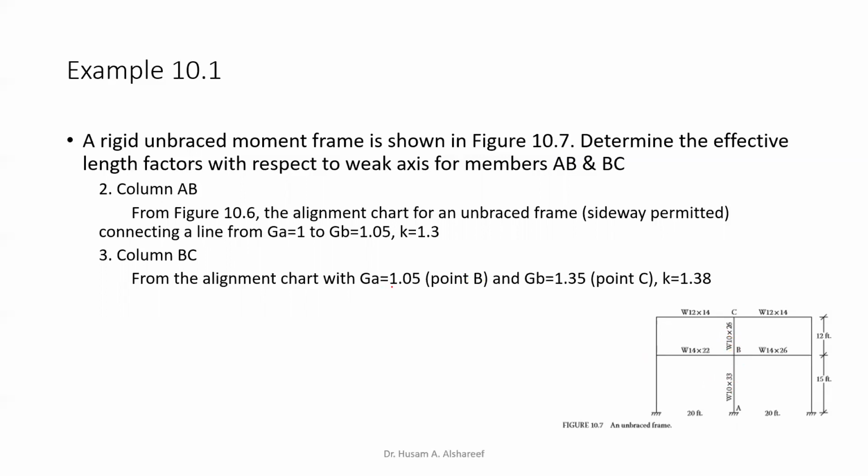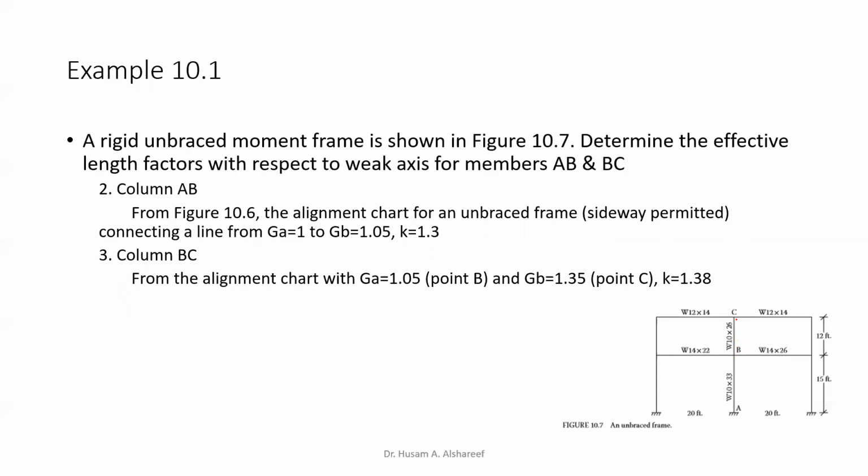Now we're going to assume that 1.05 is GA and 1.35 is GB. Because we took the two joints, this one was 1, this one was 1.05. Now if we work on this one, then this joint is 1.05 and this joint is 1.35.